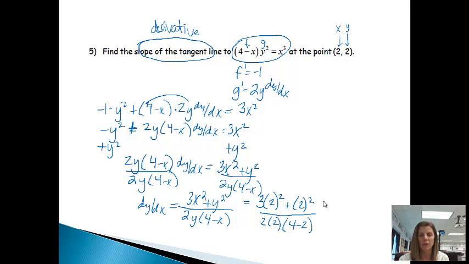And when I do that, I will get 12 plus 4 over, let's see, 2 times 2 is 4, and then times 2 will be 8. So I'll end up getting 16 over 8, which will give me 2. So the derivative at the point (2, 2) is 2.